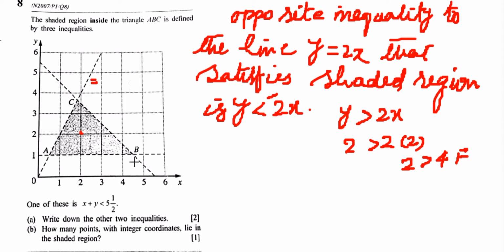Next we find the equation of line BC. This line BC can be found by using the two intercept formula.